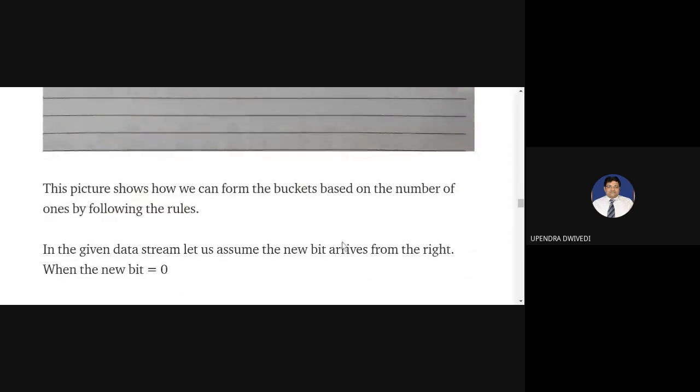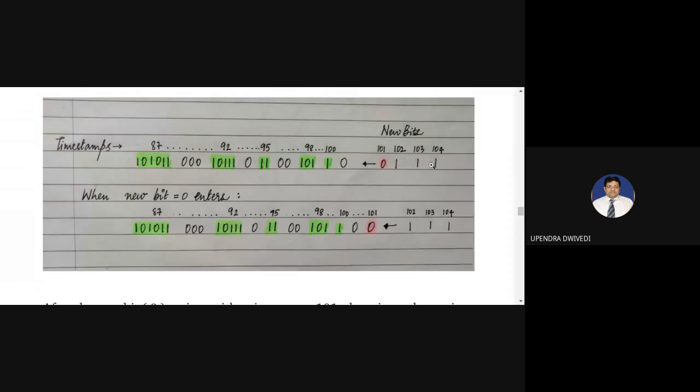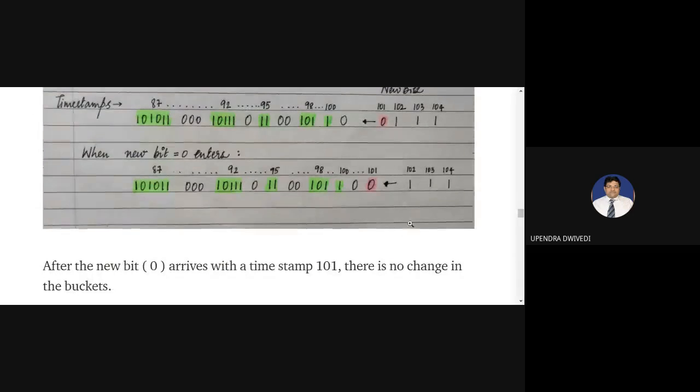Now, what will happen when we receive a new bit? So suppose this is our incoming bit stream, represented by 0111. Now, when we receive a 0 bit, we do nothing and we will not take any step for that. But when we receive a 1, we'll create a bucket of that particular bit.